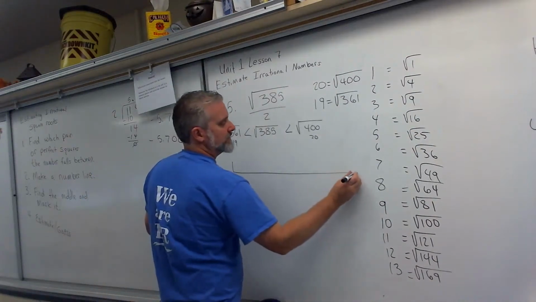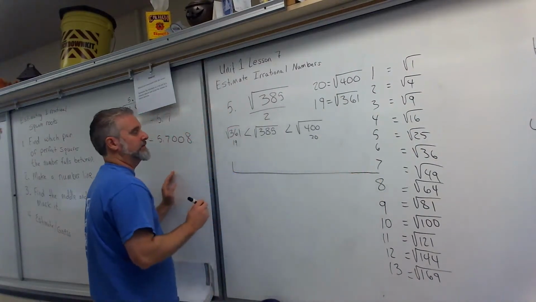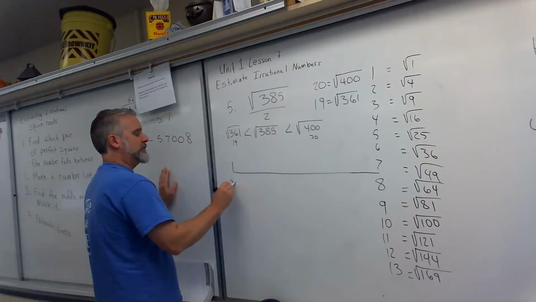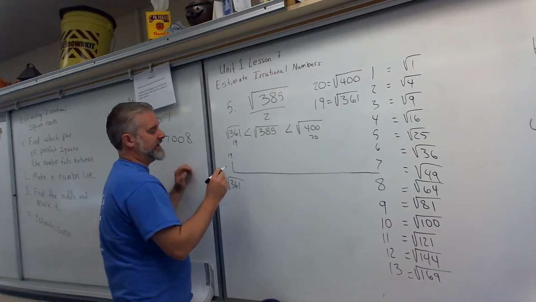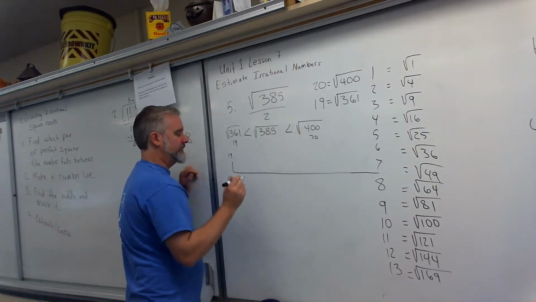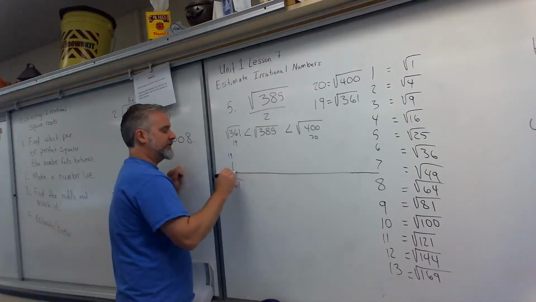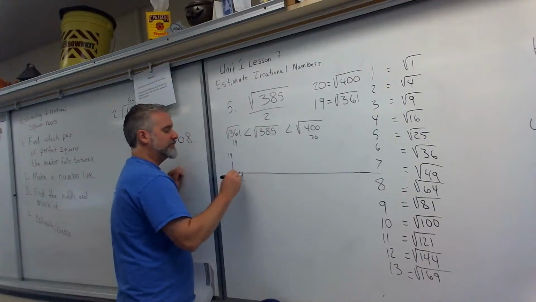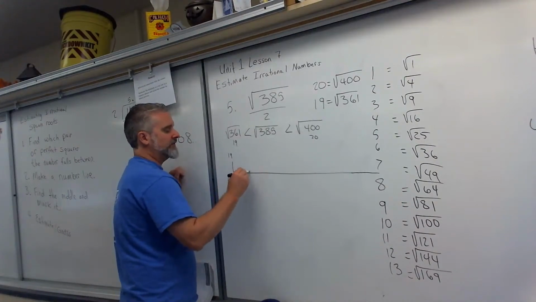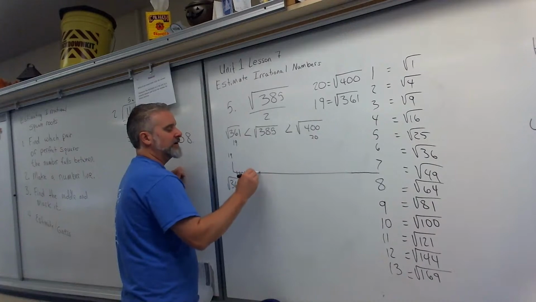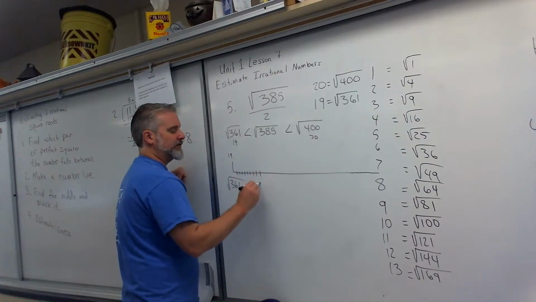I think we're going to need a little bit extra space here. So 361 down here, it's our 19, and I need to count all the way up to 400. So 361, 362, 363, 364, 365, 366, 367, 368, 369, 370. So I'll make a little mark right here.